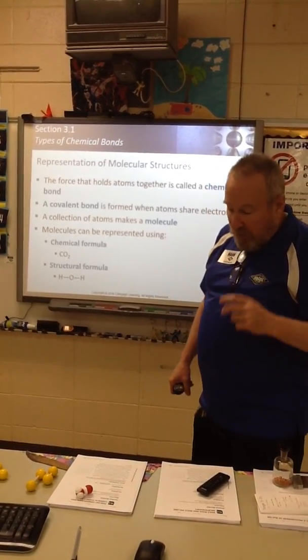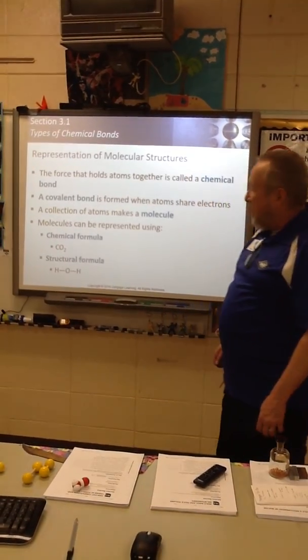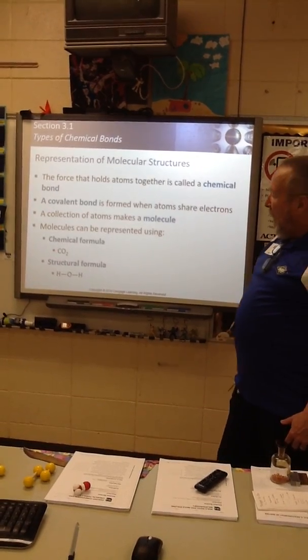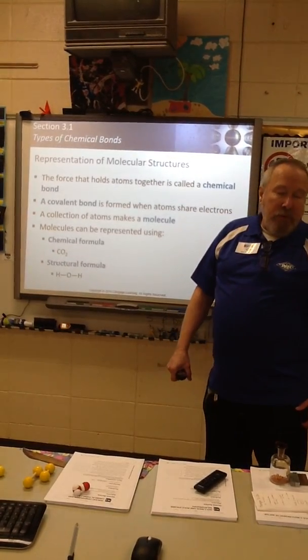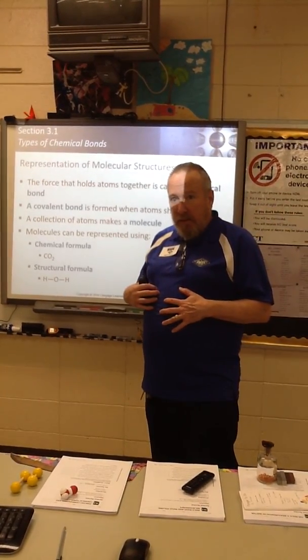And so CO2 is carbon dioxide. It doesn't tell you it's carbon dioxide. You would have to know the rules for naming. And CO2 is one carbon and two oxygens, but it doesn't tell you how they're put together, how they're connected.